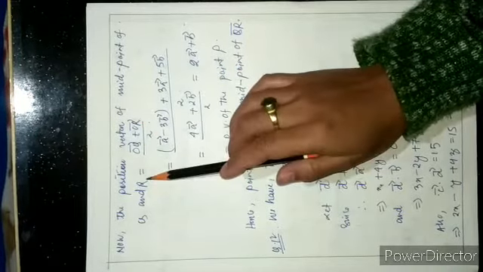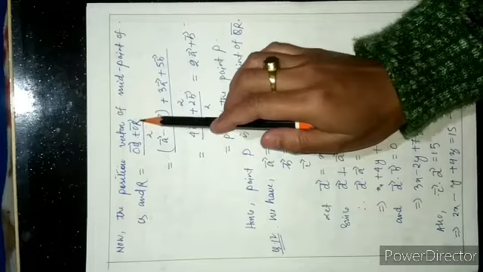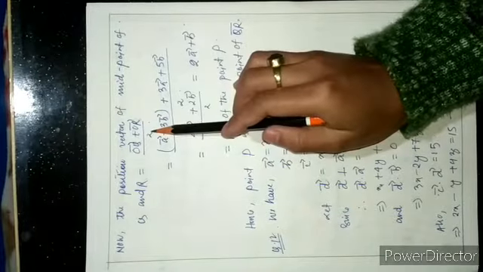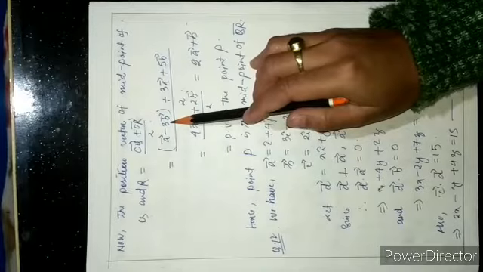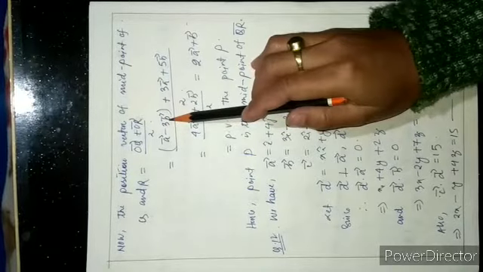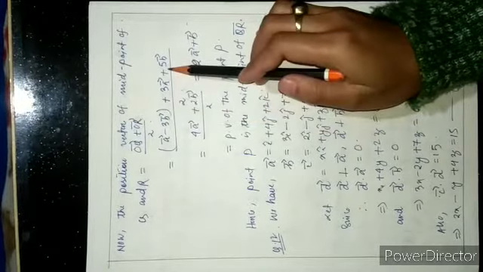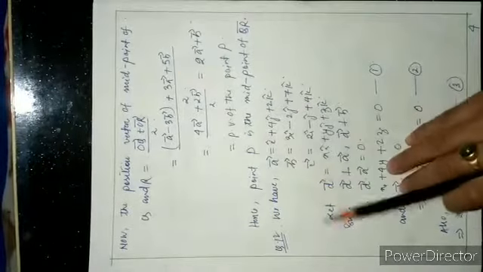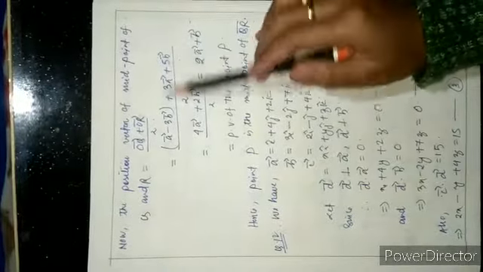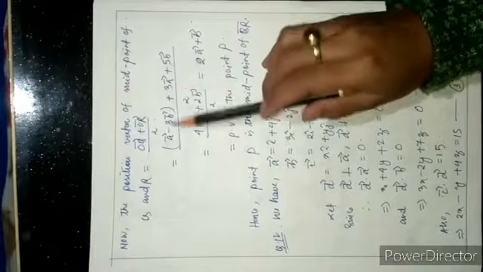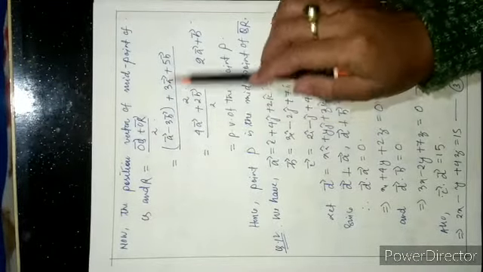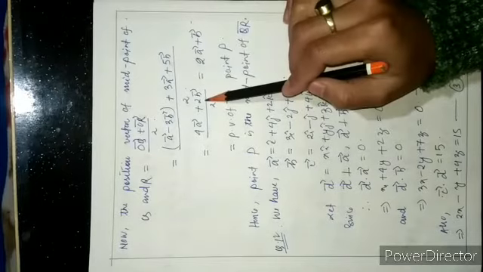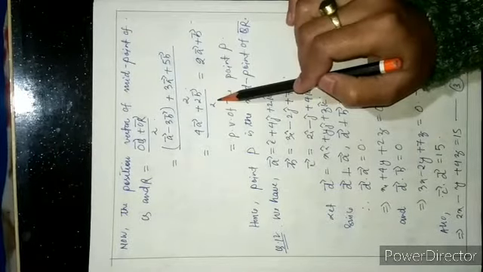In case of Q and R, the position vector of Q plus position vector of R divided by 2. Then write the components of position vector of Q and position vector of R. Position vector of R, 3A vector plus A, 4 times of A minus 3B plus 5 times of B is 2 times of B vector divided by 2.